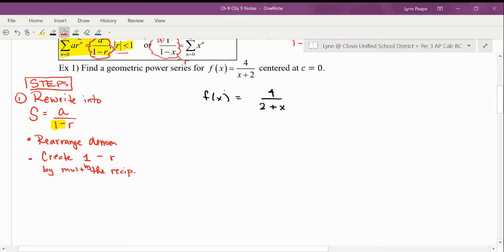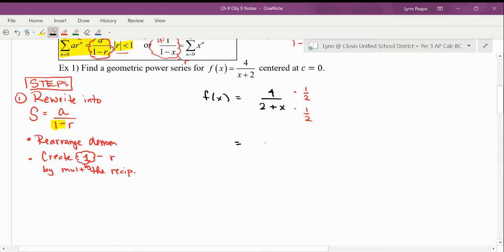I have a 2 there, so I'm going to multiply the numerator and the denominator by 1/2, because my goal is to create that 1, since that is one of the most important components. Let's go ahead and do that.